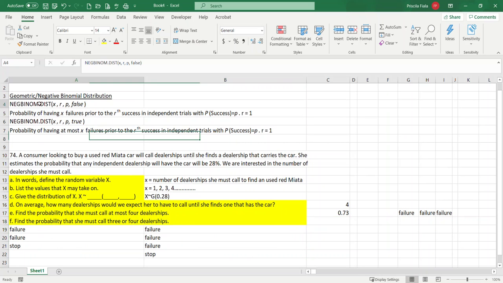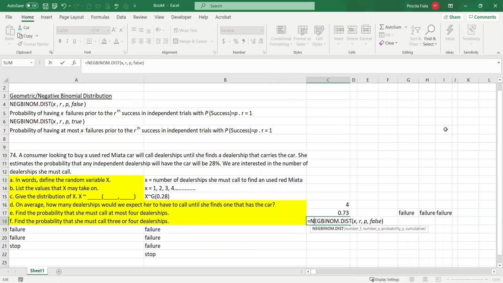And so let's go ahead and use this formula right here. We don't want a cumulative, okay? So we're going to call 2. We want 100% success. We have a 0.28 probability, and I don't want a cumulative. And now I want to add, keep going, again, a negative binomial distribution or geometric distribution for 3.